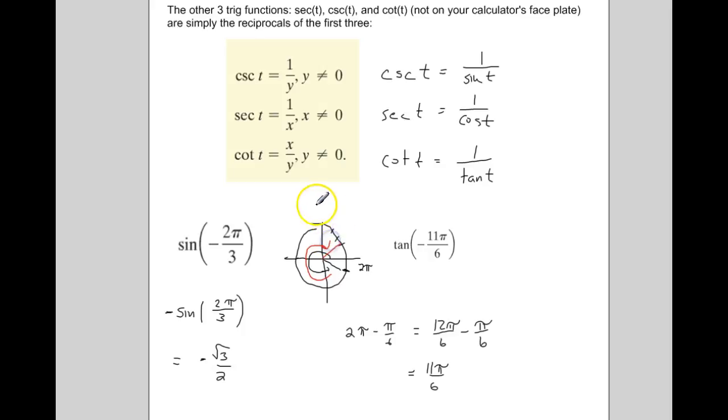That's negative 11 pi over 6. All right, it's just underneath, going all the way around. It's the last special angle going back the other way. All right, now the tangent. Remember, the tangent is the slope of this line segment that's connecting the origin to that point. Or you can think of it as just the y-coordinate divided by the x-coordinate.